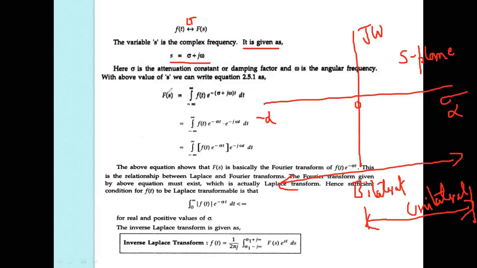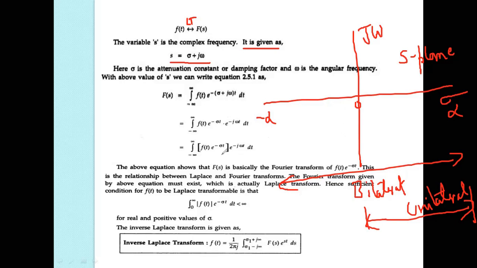All right. Now I can substitute in the definition of the Laplace transformation: f of s is equal to the integral from minus infinity to infinity of f of t e power minus sigma plus j omega into t dt. Expand this e power minus into two terms, e power minus sigma t and e power minus j omega t dt.